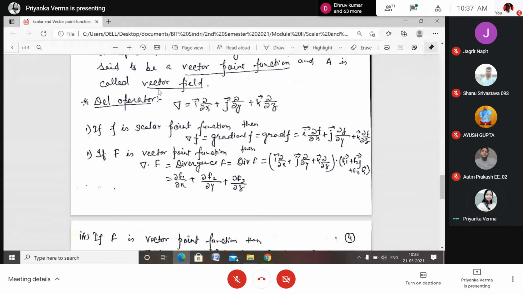So what is gradient? If f is a scalar point function, then gradient of f is represented by del f and its value is i del f by del x plus j del f by del y plus k del f by del z.